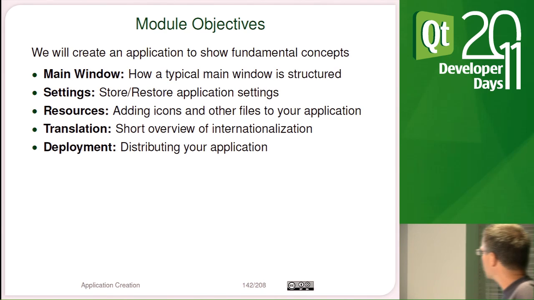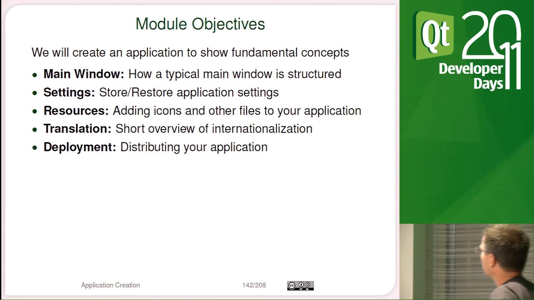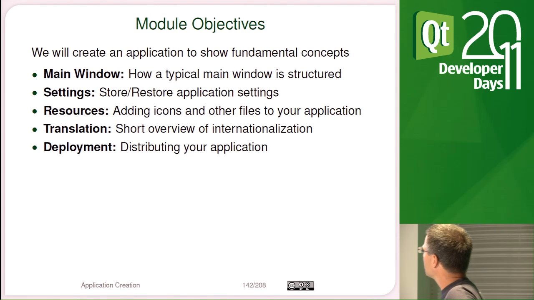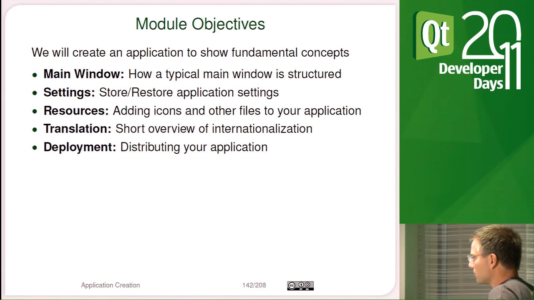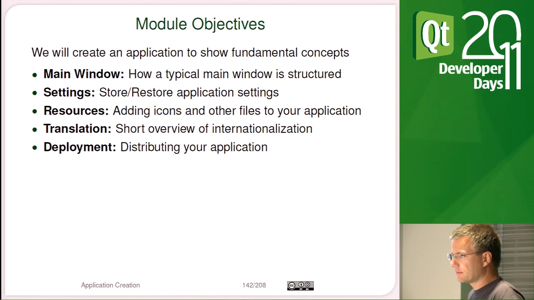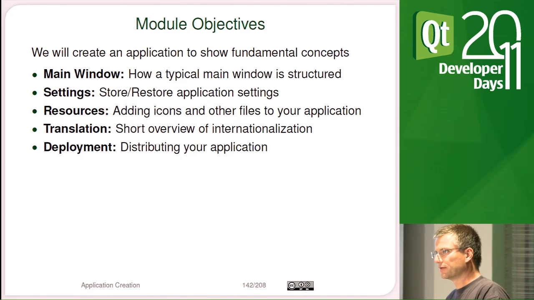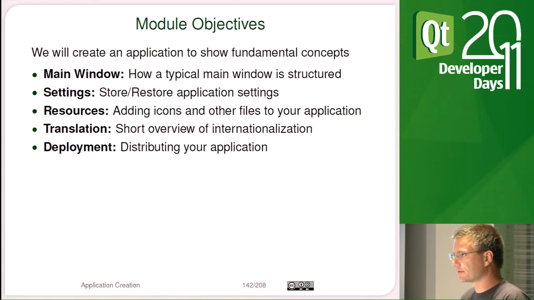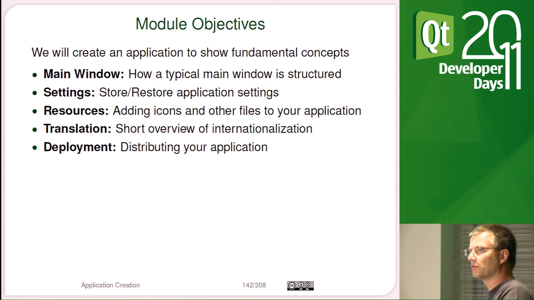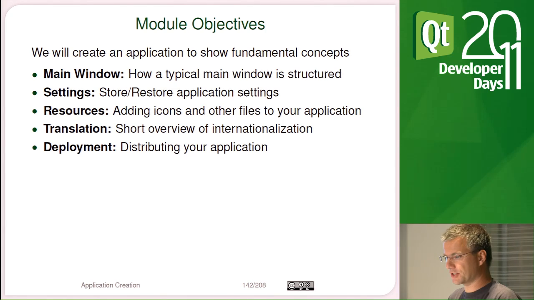So in this chapter, we will see how we can make use of the typical main window elements, like menus, toolbars, status bars. We can make use of docking widgets.